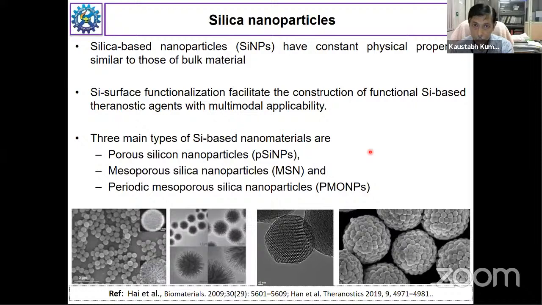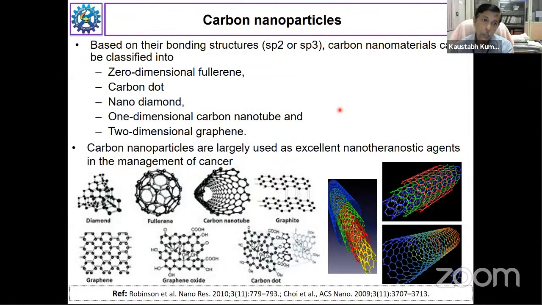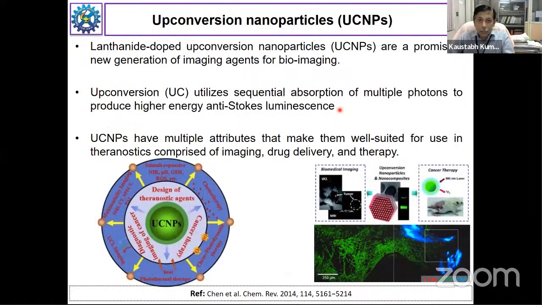And these are the carbon nanoparticles. People are also working on different kinds of carbon nanoparticles for good carrier development. Another feature, in the last 5 to 10 years, is upconversion nanoparticles, which are widely used.